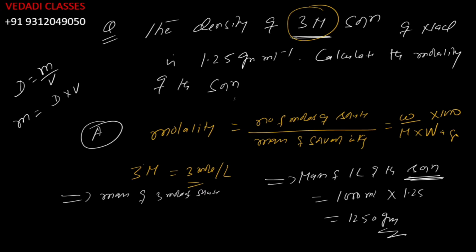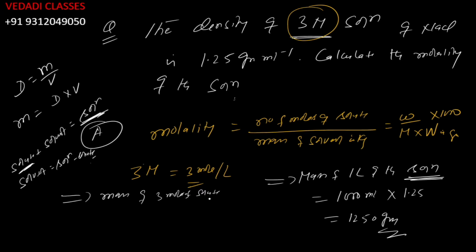When you get the solution and solute, you can find out the solvent, because we have the formula solute plus solvent is equal to solution. So the mass of solvent will be solution minus solute.